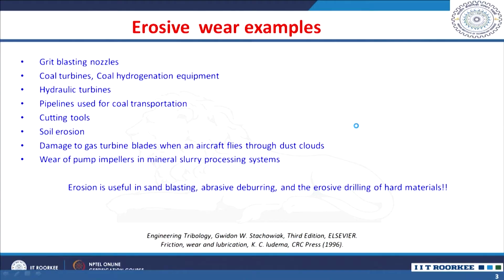Listing down the examples of erosive wear, we can find erosive wear dominating in grit blasting nozzles, coal turbines or coal hydrogenation equipment, where the coal particles impinge and lead to material removal from the equipment. Also in hydraulic turbines, where a stream of liquid, or a mixture of liquid and particles, impinges on the turbine material.